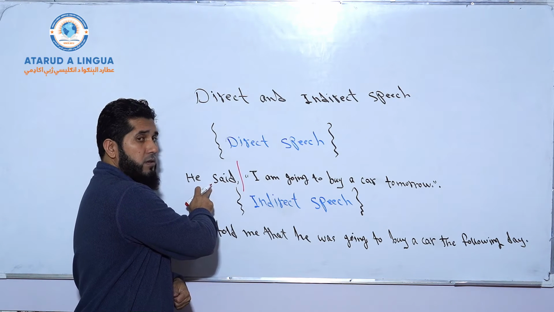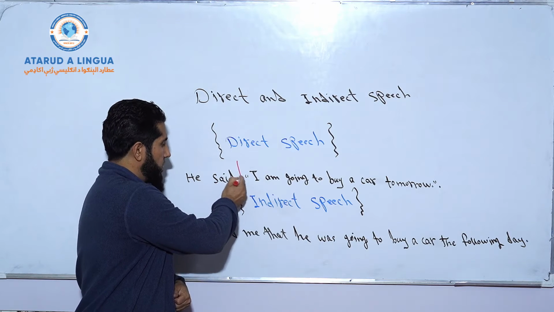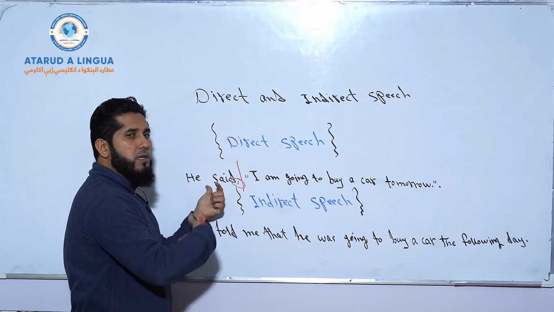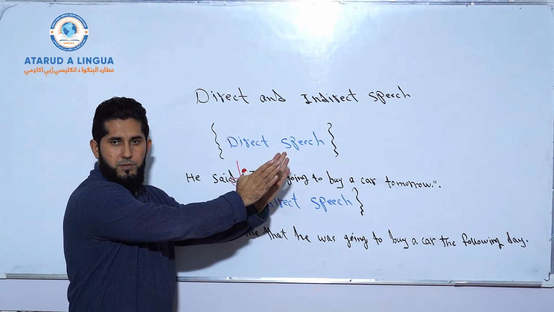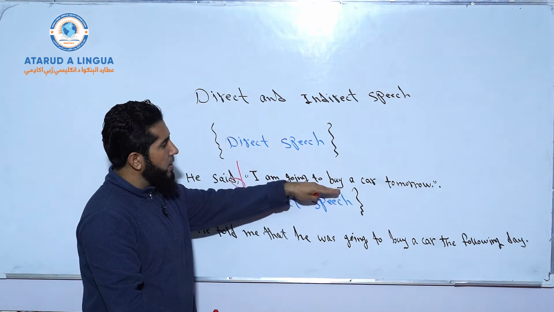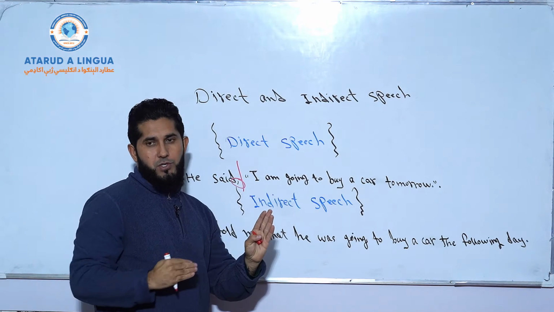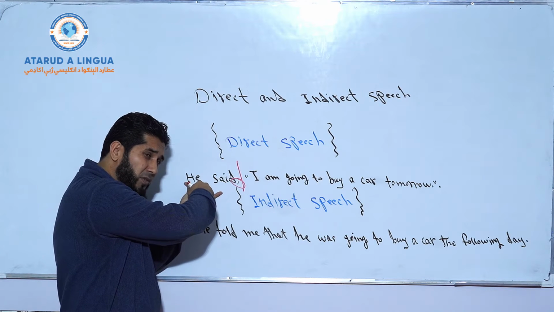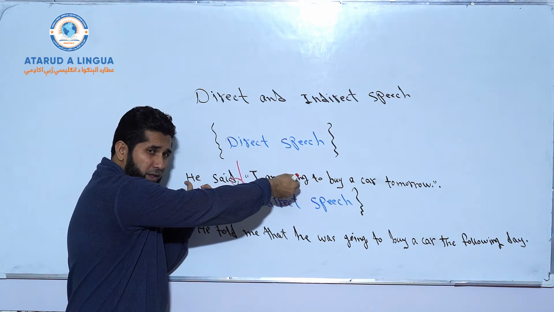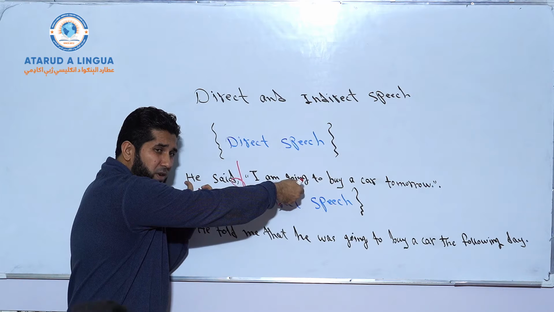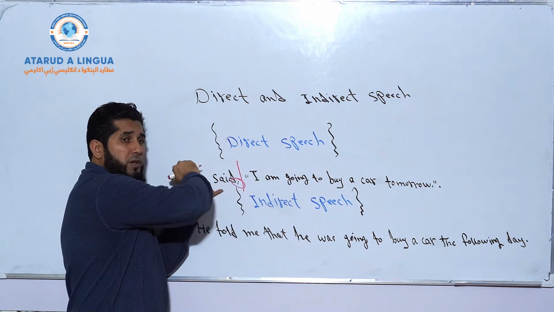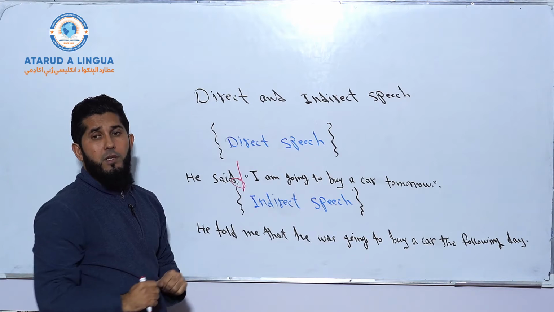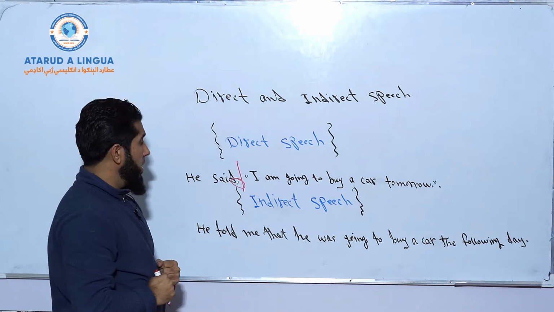This part before the comma, and there's a comma between the two parts of your sentence, is called reporting speech. That part is called reported speech. Reporting speech because this part of your sentence is reporting the other part, and the other part is reported by the reporting speech. So that is reported speech, and this is the reporting speech.